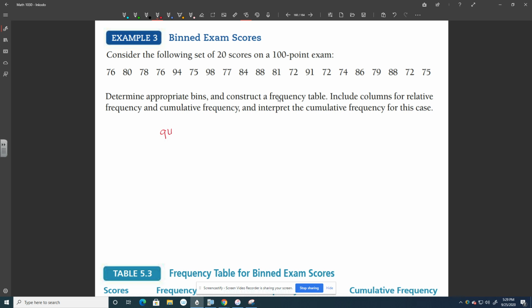I would have 94, 93, 92, 91, 90, 89. And a lot of these categories, there's only one 94. I don't even see a 93 or a 92. Oh, there's one 91.